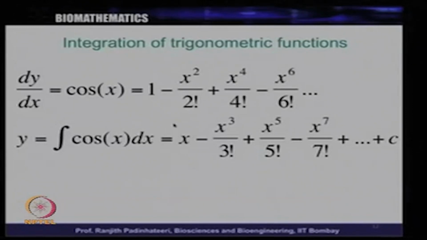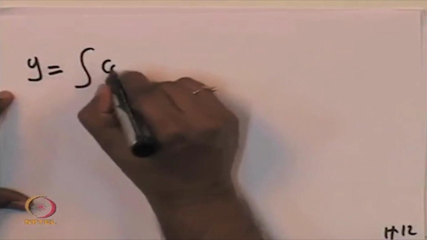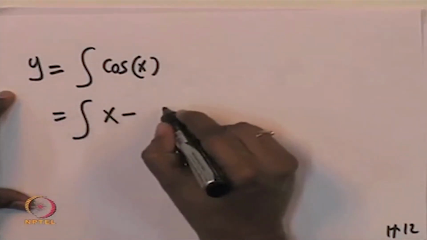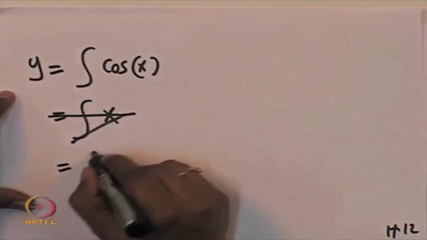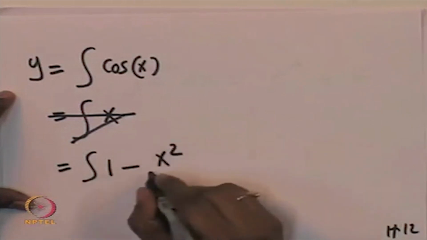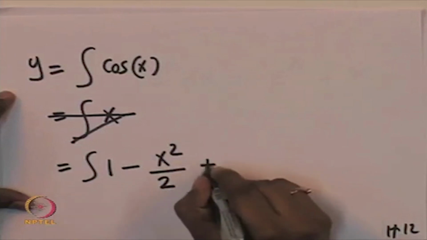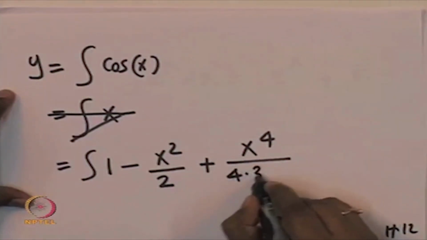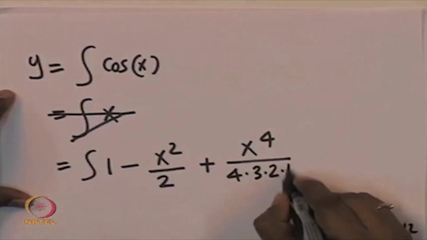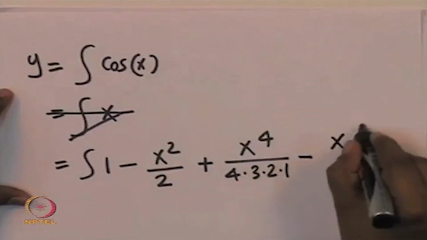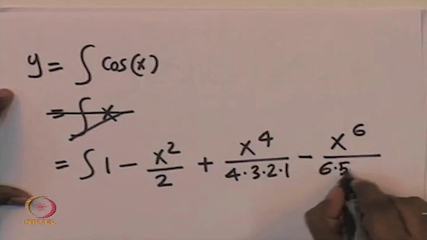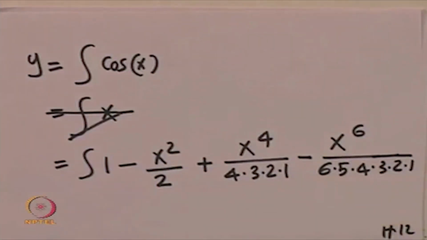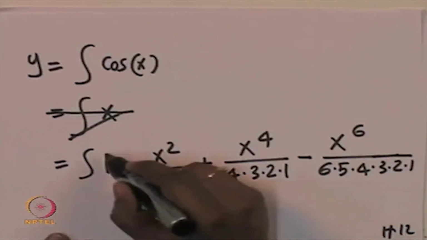We know that y is equal to the integral of cos x, which can be written as the integral of 1 minus x square by 2 factorial, 2 factorial is 2 itself, plus x power 4 by 4 factorial, 4 factorial is 4 times 3 times 2 times 1, minus x power 6 by 6 factorial, 6 factorial is 6 times 5 times 4 times 3 times 2 times 1. And you have to do the integral of this whole thing.